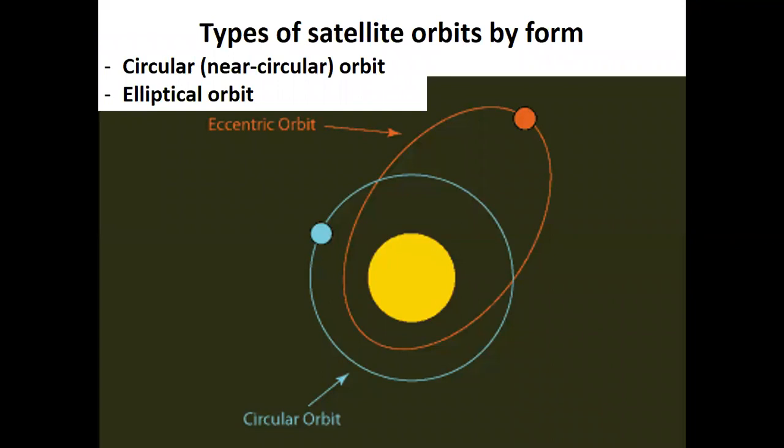First of all, you know that satellites are circling around the Earth on a certain type of orbit, and this orbit could be circular or elliptical, generally speaking. So by form, it could be different.